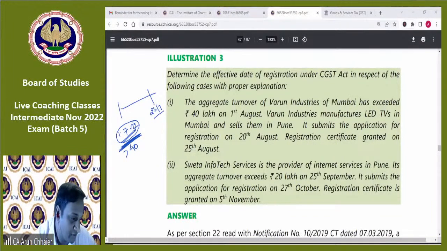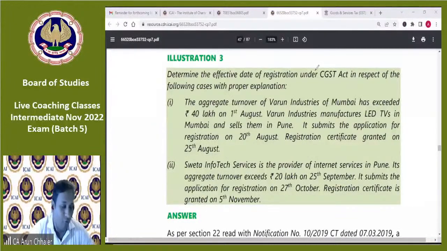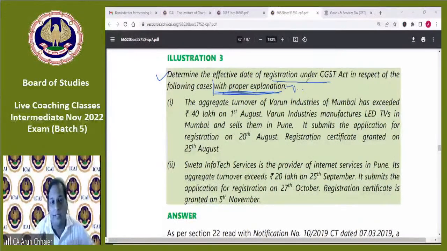Effective date of registration, 1st August, 5th November. Oh, you are already giving the answer. Wow. Now determine the effective date of registration in the following case with proper explanation. This point is very important, which explanation you give is important.